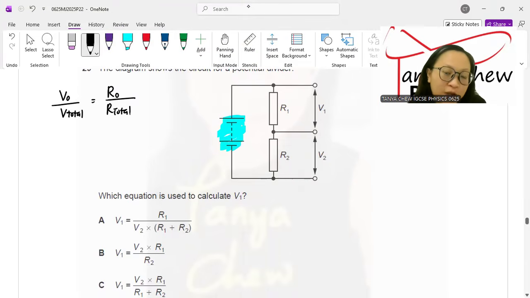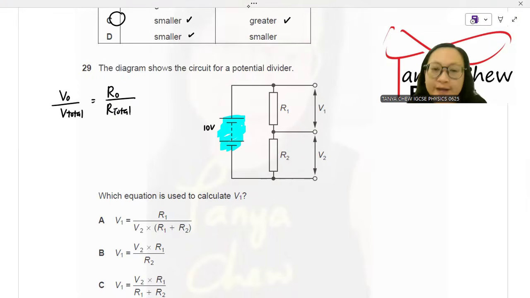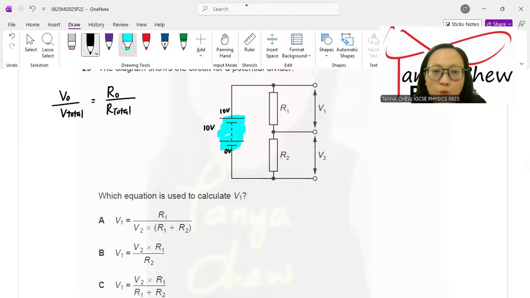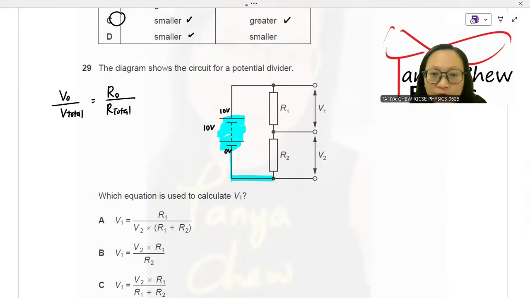Let's say this is 10 volt, for example. 10 volt means out from the positive terminal is 10 volt and back to the negative terminal is 0 volt. If you want things to be easier, you always put the one that is connected to 0 volt as the output.